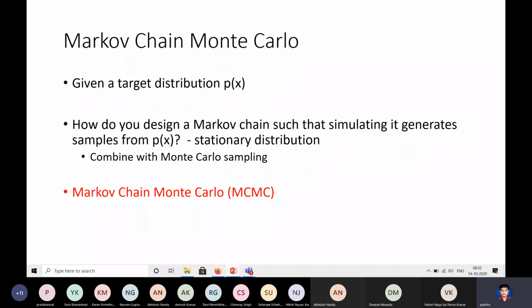We see two techniques. One technique will just use this concept of Markov chain for sampling. The second technique will combine the previous rejection sampling Monte Carlo technique with the Markov chain concept. It will start with a Markov chain, look at the samples, and if the samples are not good, it will ditch that Markov chain, ditch that trajectory, and take another trajectory. Then again it does this for some time.